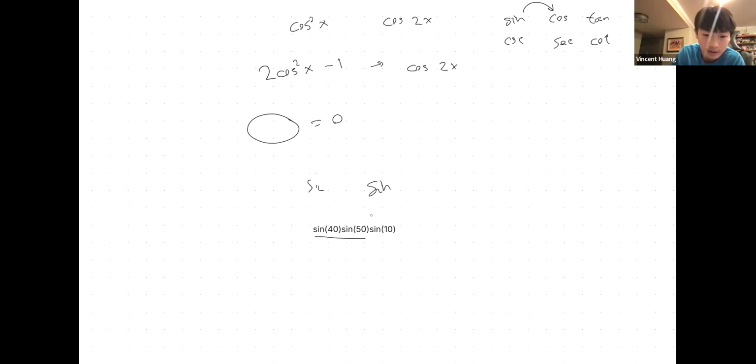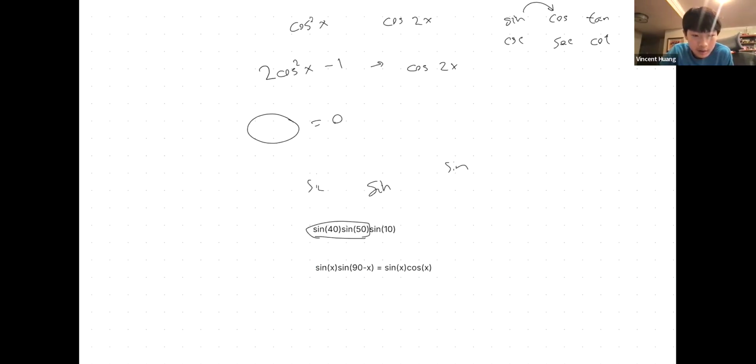But you do know one thing. Let's consider these two terms. 40 and 50 add up to 90, which is nice because sine x times sine of 90 minus x is equal to sine of x times cosine of x, and then you can use the double angle formula.